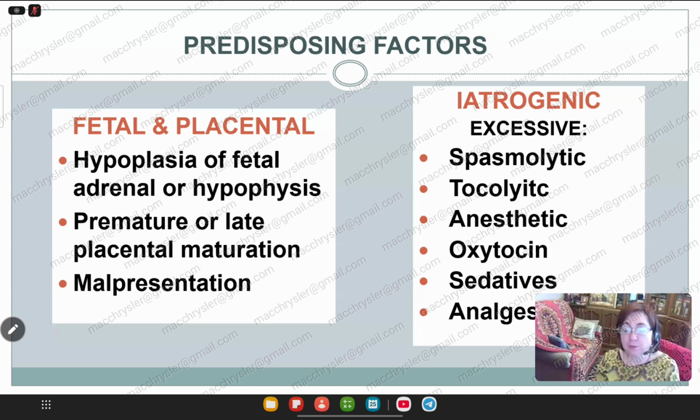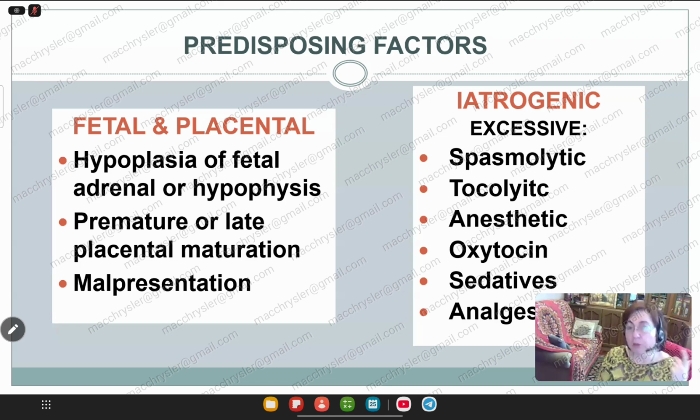In that case, there is not adequate production of fetal hormone, which initiates the process of parturition. From another hand, premature or late placenta maturation can also be affected because initiation of contractions at the same time participates.